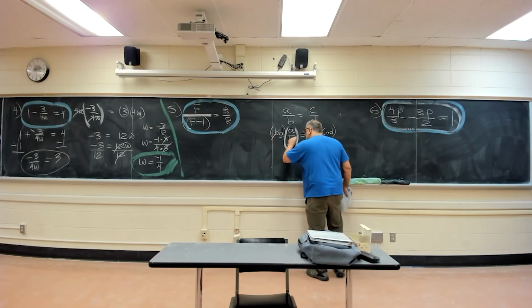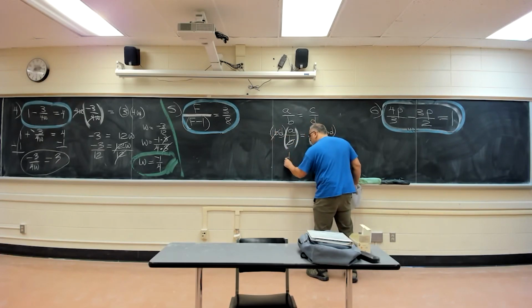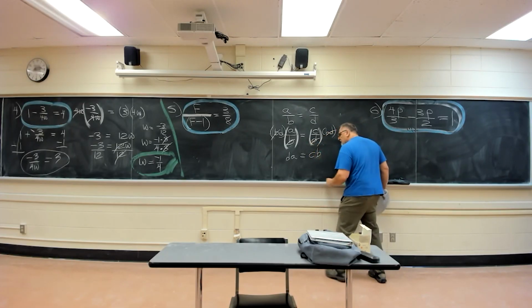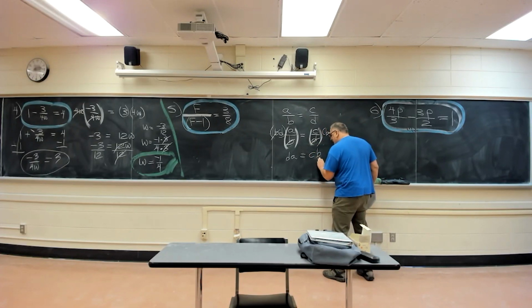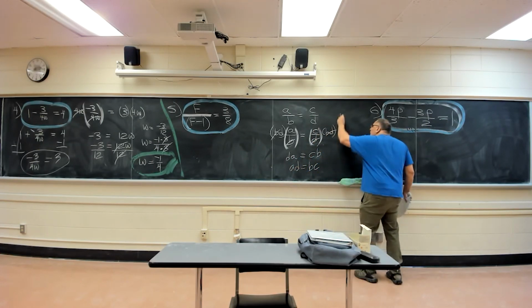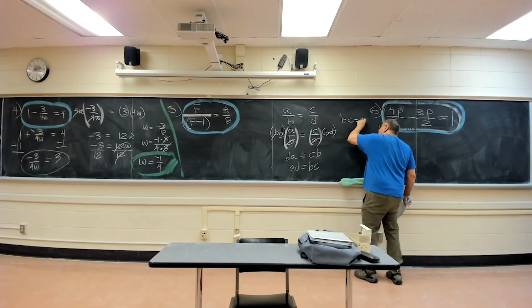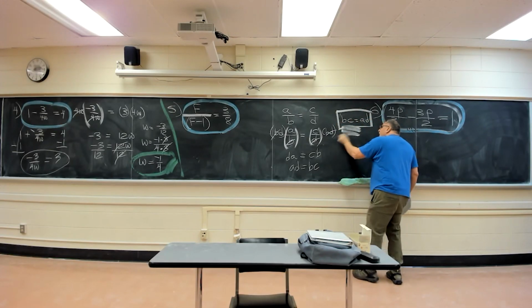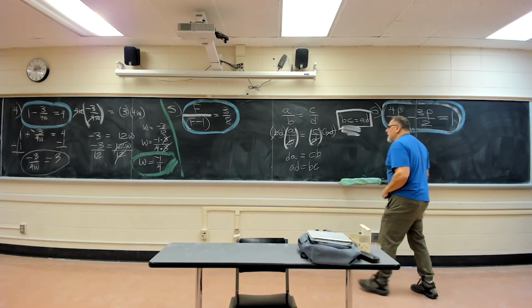The b's cancel. You got dA. The d's cancel. You got CB. That's the same as BC. This is AD. You know, this is all aesthetics, but maybe it's easier to remember. BC equals AD. How did that happen? BC equals AD.